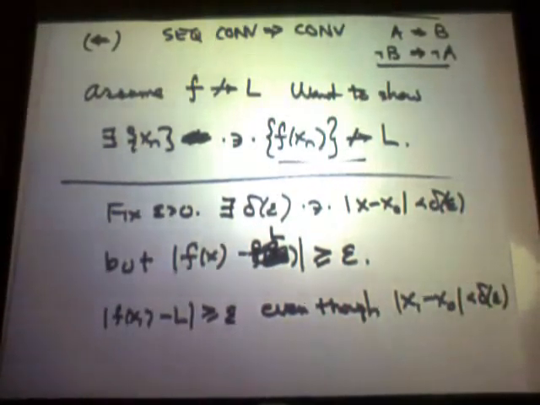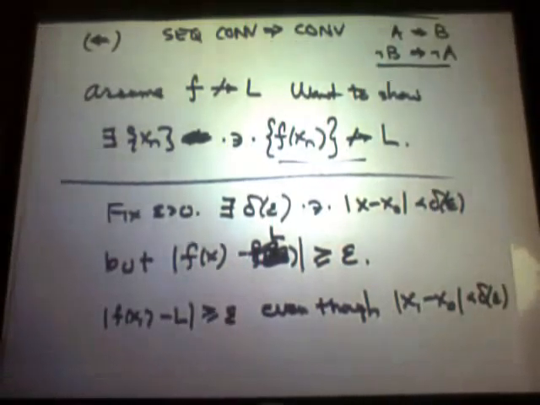So I've constructed a sequence that converges to x naught, but the values of the function evaluated at the sequence numbers never get within epsilon of L. So that sequence of function values doesn't converge.